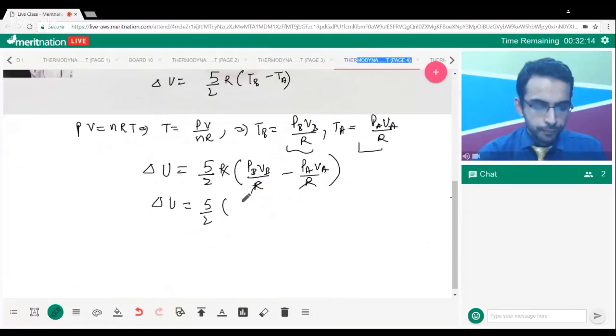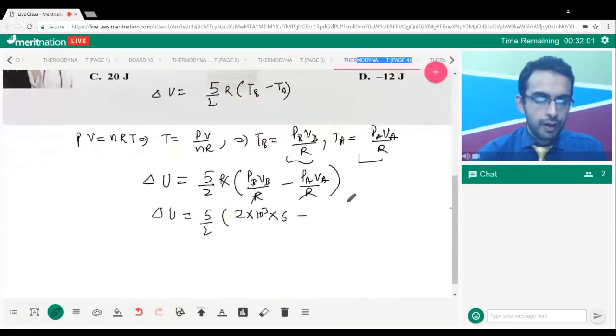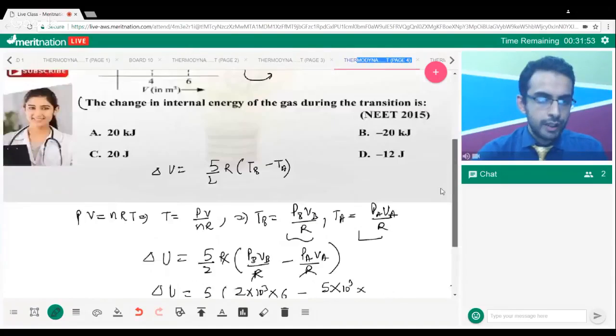So this becomes 2 into 10 raised to power 3 into 6 minus PA VA. So it's 5 into 10 raised to power 3 multiplied by, what is the volume? It's 4.